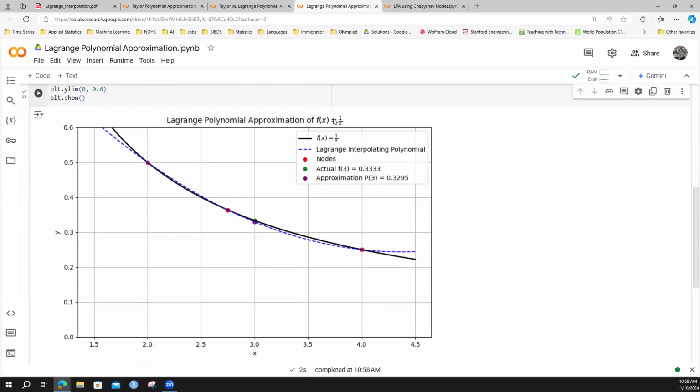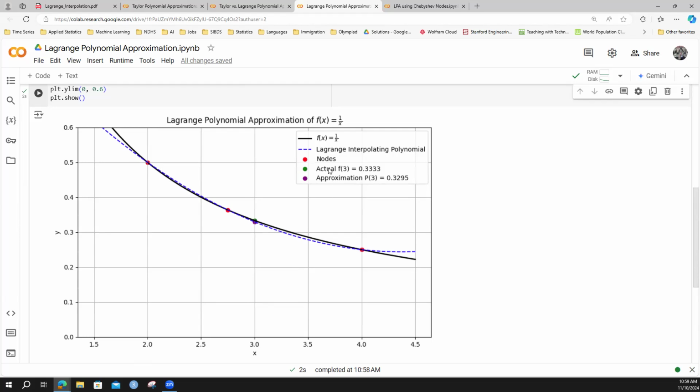So Lagrange approximating 1 over x: this black curve is again my 1 over x function, and this Lagrange interpolating polynomial is this blue dotted curve that looks pretty good. My original function, the black graph, is now nearly interpolated by the blue dotted one. They are very, very near, all the way from 1.5 to 4.5. They are pretty much close to the original function.